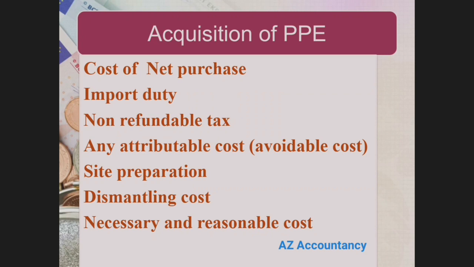The cost of property plant equipment is the cash price equivalent at the recognition date. If payment is deferred beyond the normal credit term, the difference between cash price equivalent and the total payment is recognized as interest over the period of credit, unless such interest is capitalized in accordance with IAS 23.